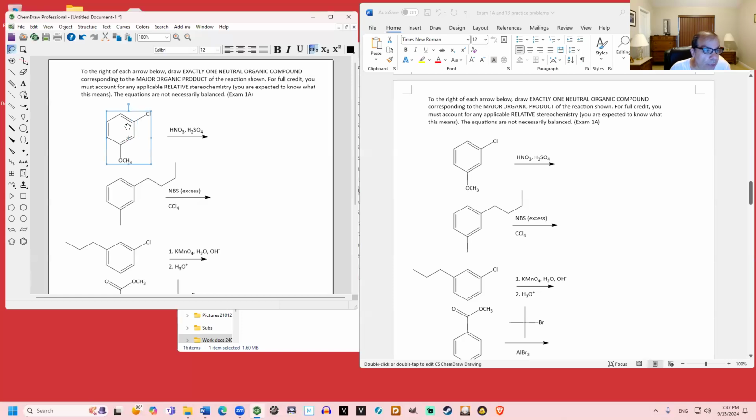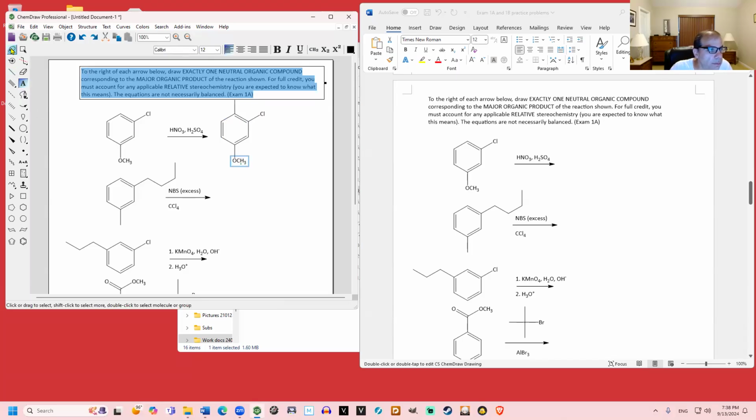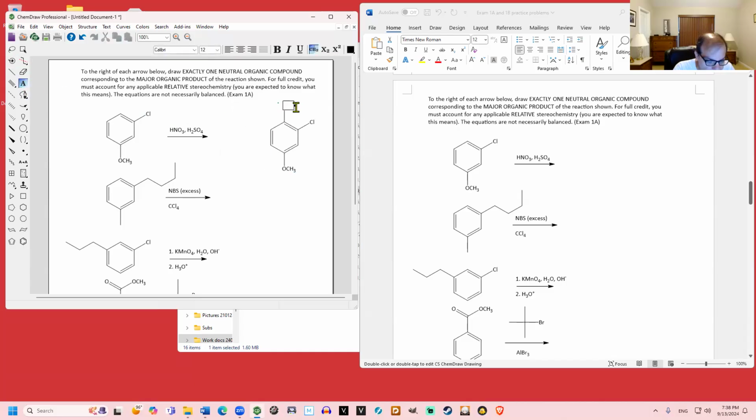So the correct answer has the nitro group next to the chlorine, like this. That's going to be the major product, I would predict.